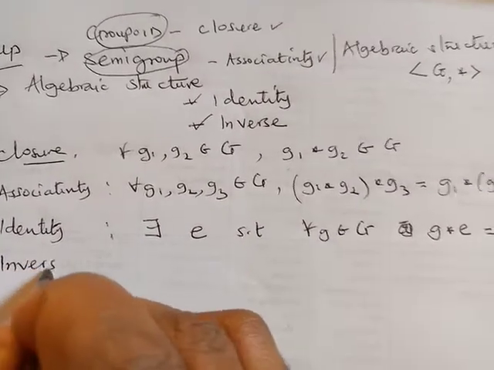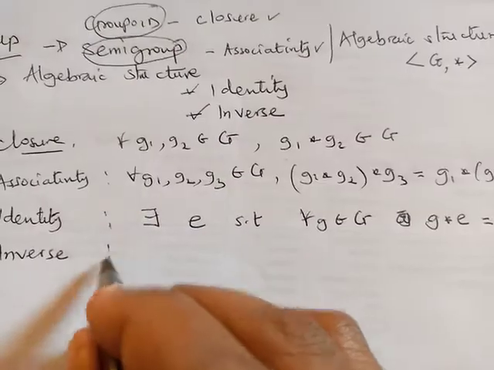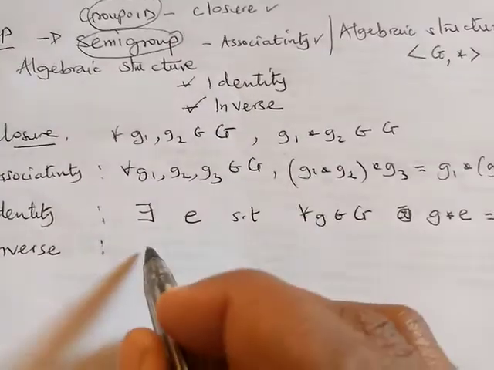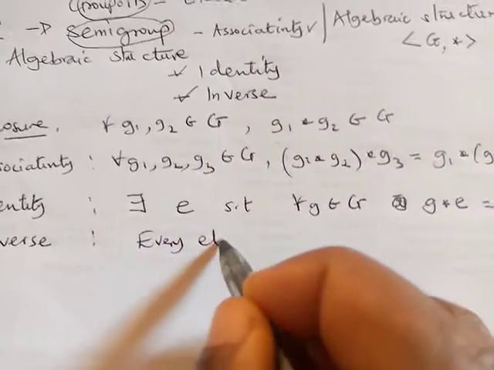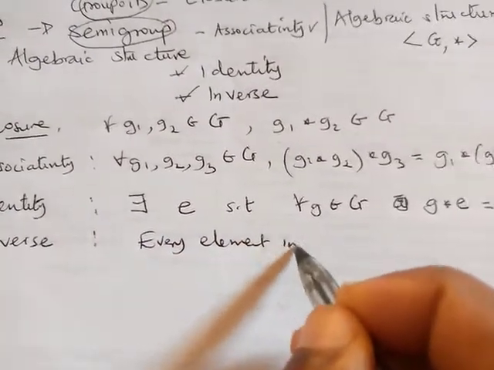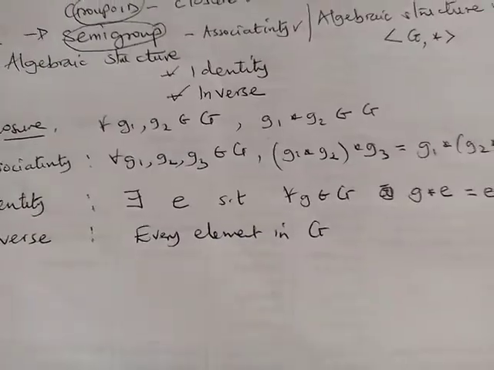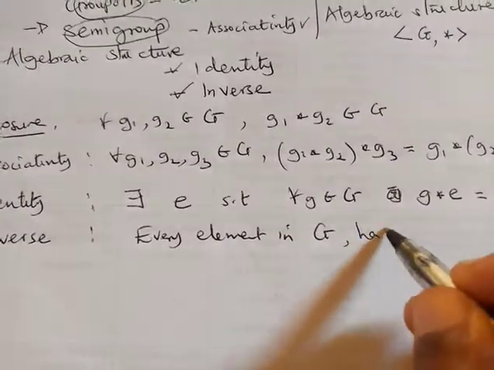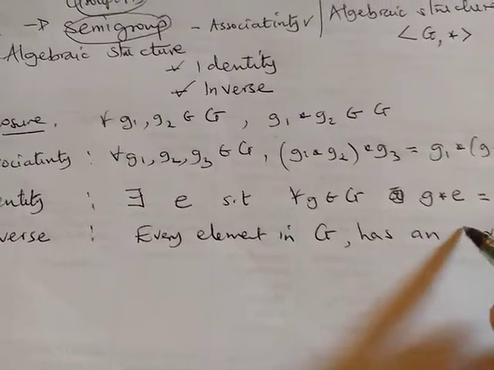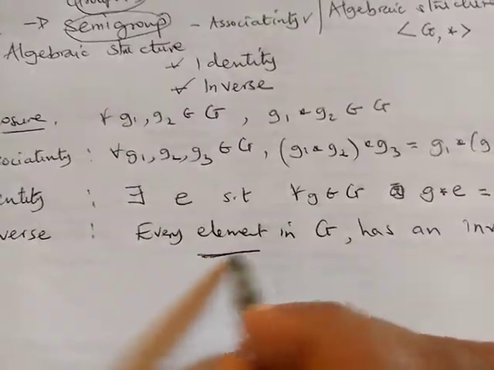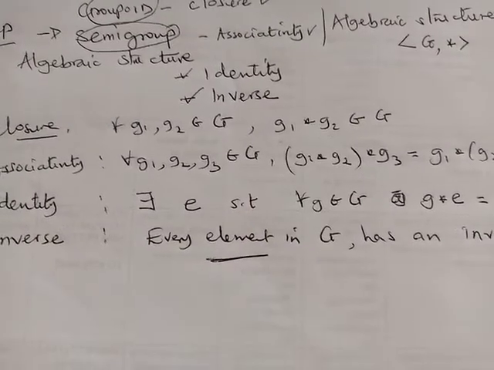Fourthly, inverse. This tells us that every element in G has an inverse. Mark this: every element in G has an inverse.